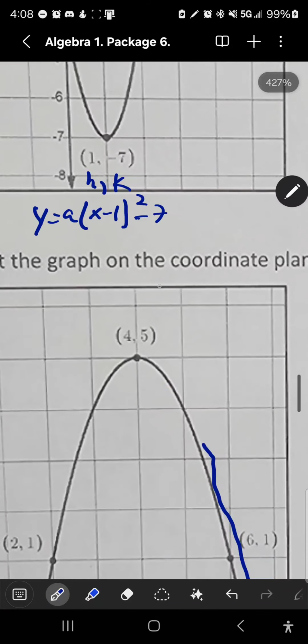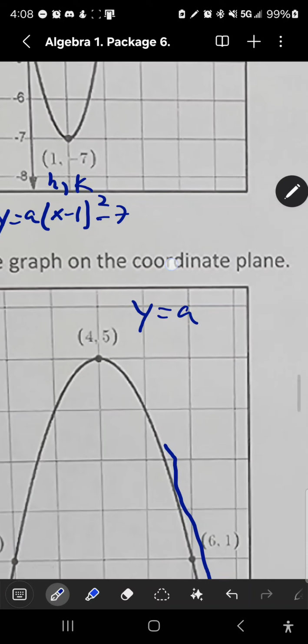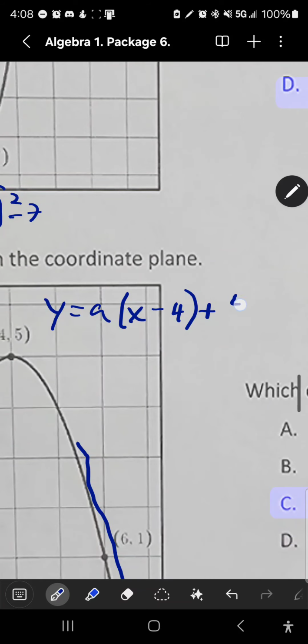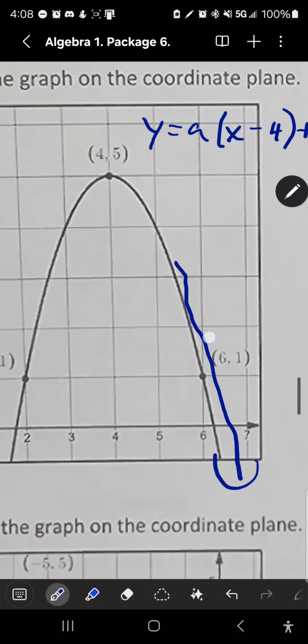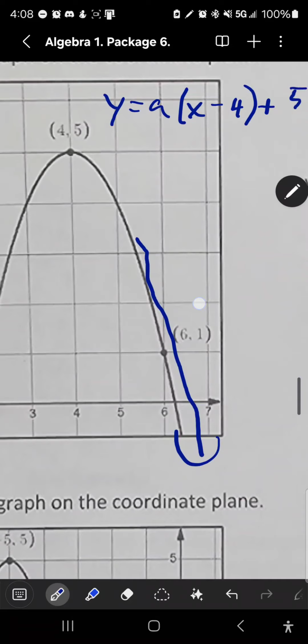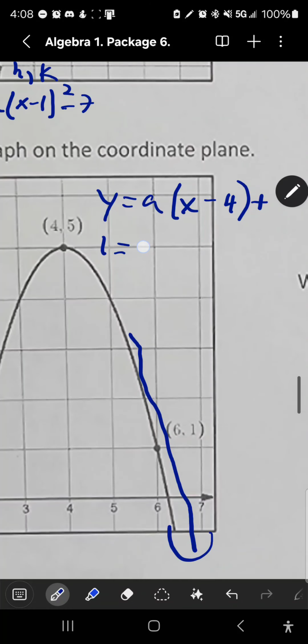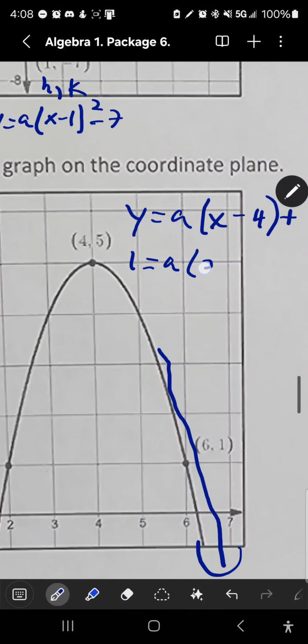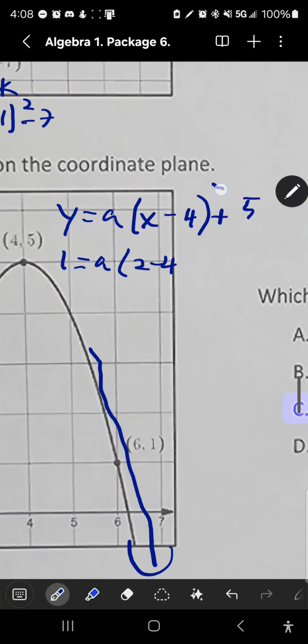Now, if you want to calculate it, you do the same. You know, y equal a(x minus h) squared plus k, so x minus 4, plus k, which is going to be plus 5. And I select a point, I'm going to select 2 and 1. So I have that 1 equal a(2 minus 4) squared plus 5.